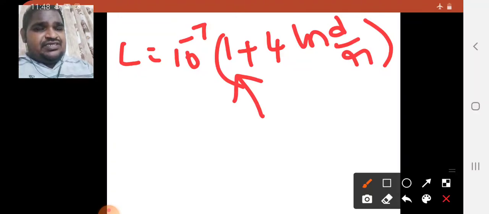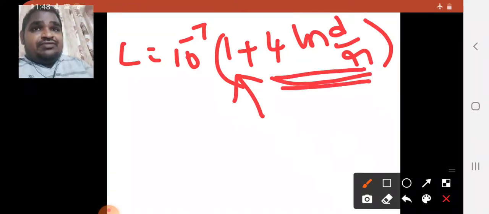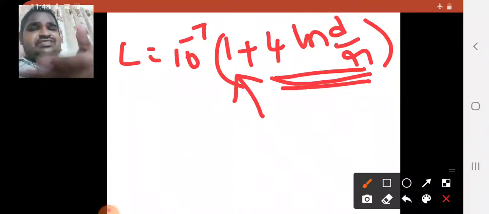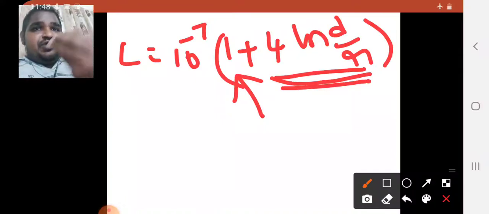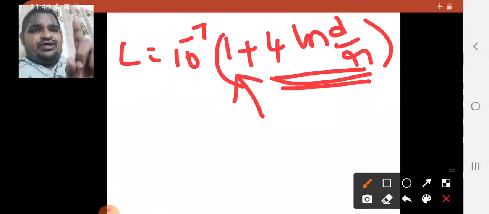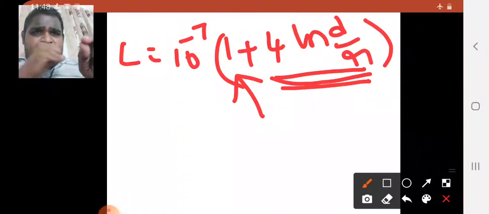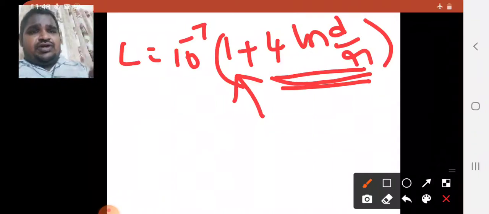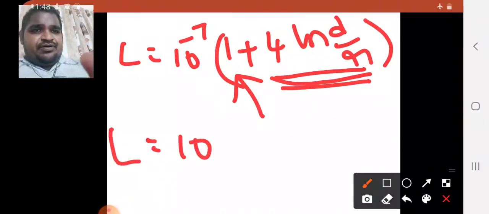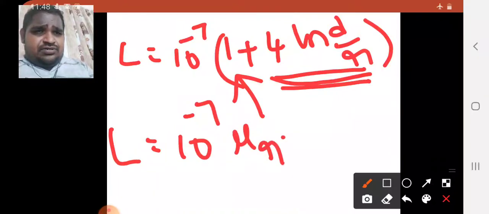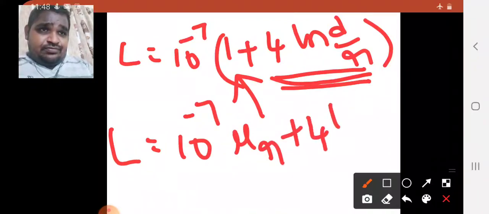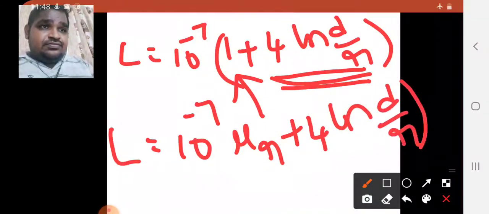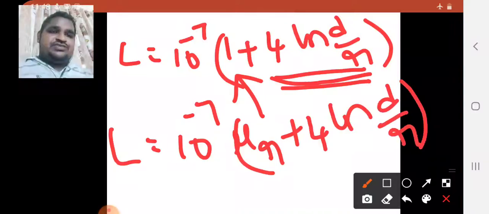So the formula becomes L equal to 10 power minus 7 times mu r plus 4 ln d by r.